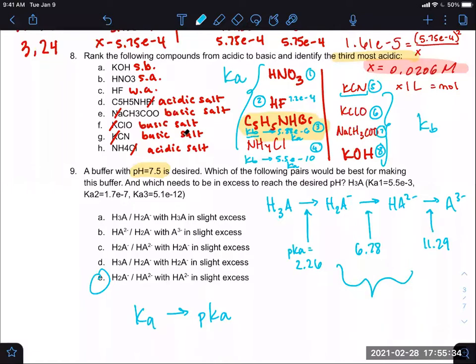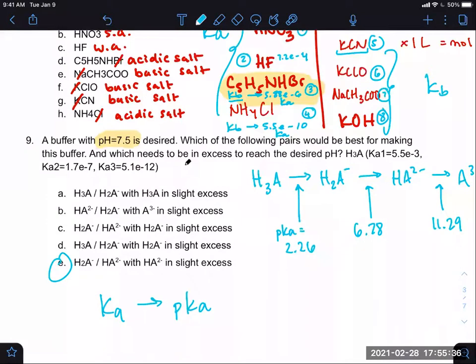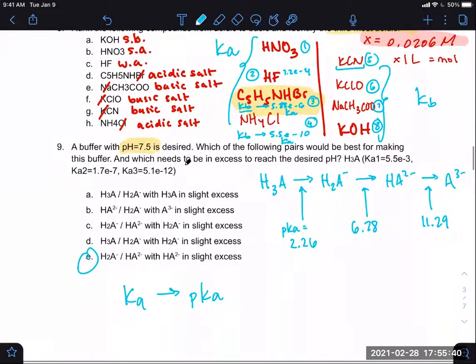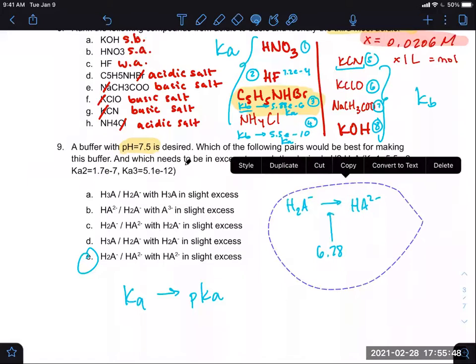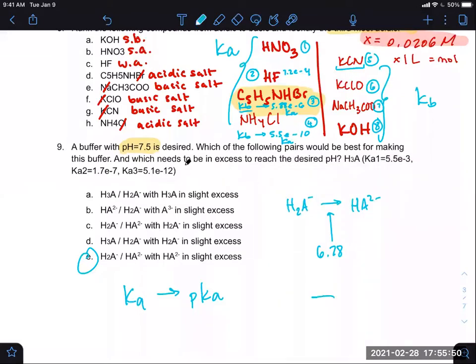Just to kind of hone in on what we're looking at, I'm going to erase the rest. That's not important because these are completely out of range, right? So this is what we're looking at here, okay? We want a pH of 7.5, okay? These are the only two species we're dealing with. They're in our buffer range we're looking for.